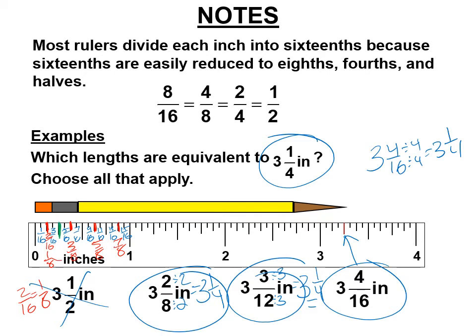That's 4/16, which simplifies to 1/4. And that is 12/16, which simplifies to 3/4. And then right in the middle are the ones that simplify to halves. Okay, and we're going to go over that again on other problems.